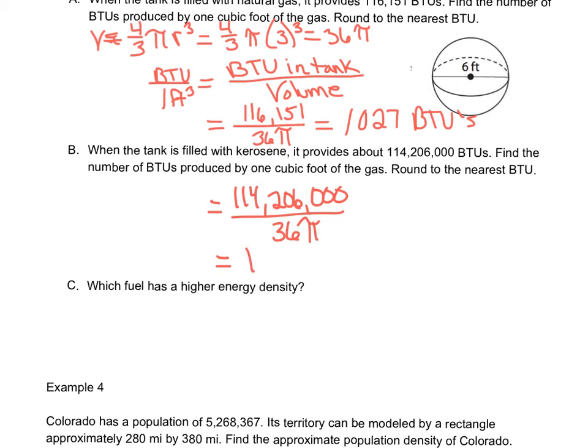So anyway, it's 9,803 BTUs. The next question says, which fuel has a higher energy density? So which one of those is more dense than the other one? And yes, you're right. Kerosene.